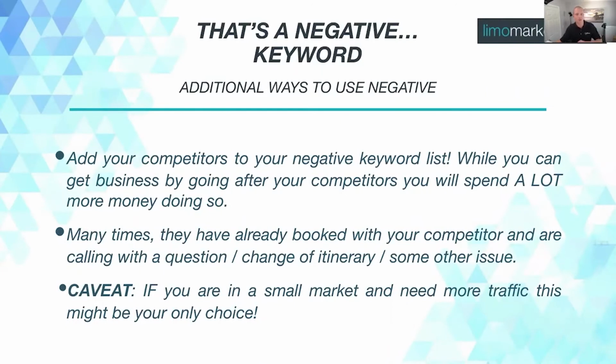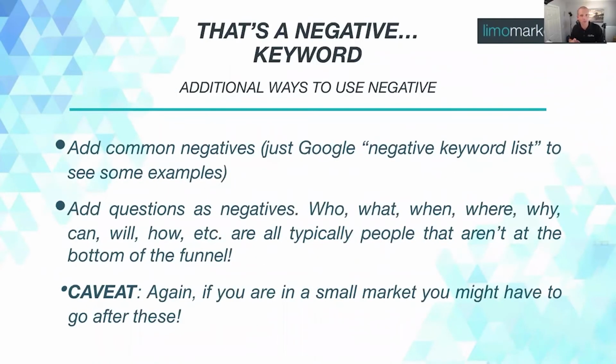So we don't want to waste money on that. And there it is right there. Add your competitors to your negative keyword list, because many times they have already booked with them and they're just looking for their phone number. And then again, remember, this is most of the time. If you're in a small enough city, you might need to actually go after those people as well.